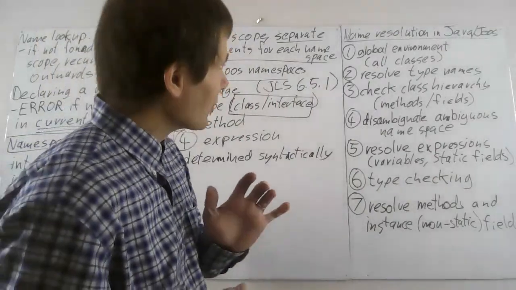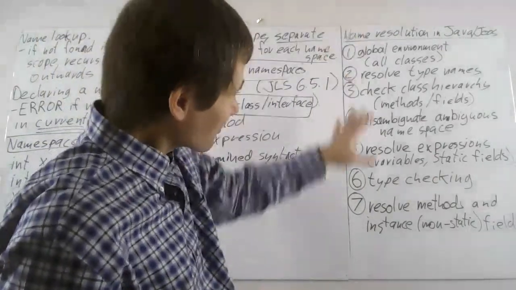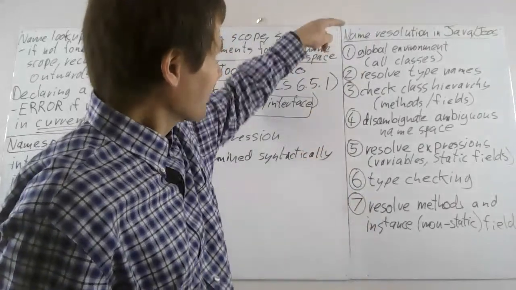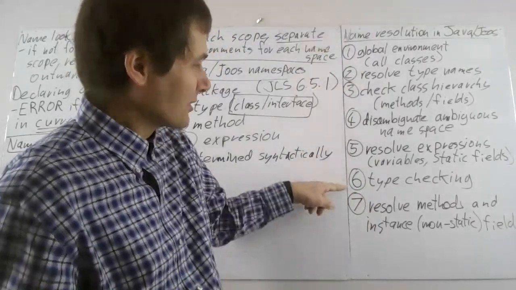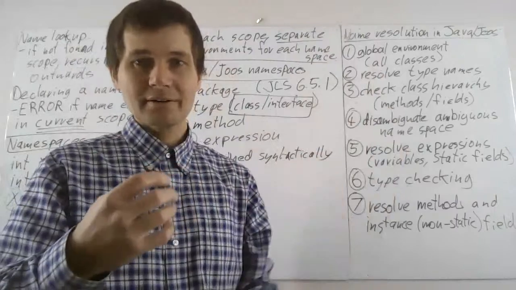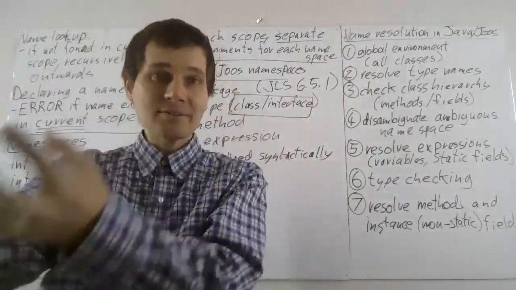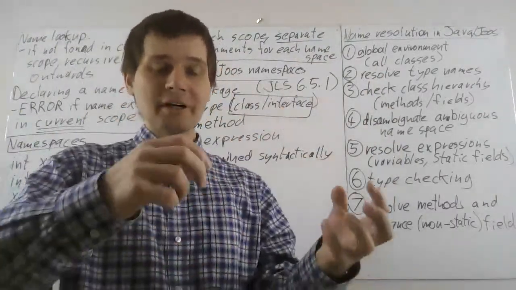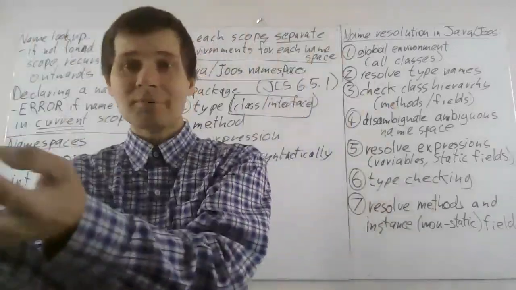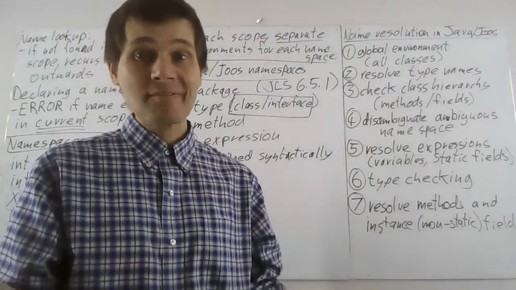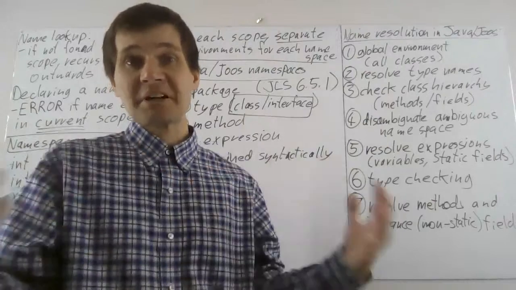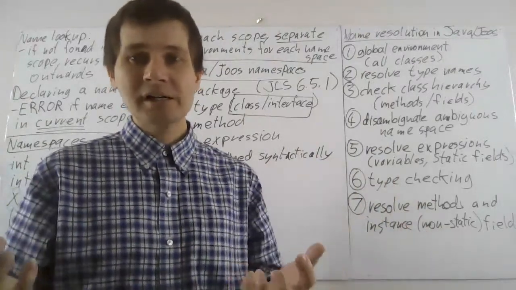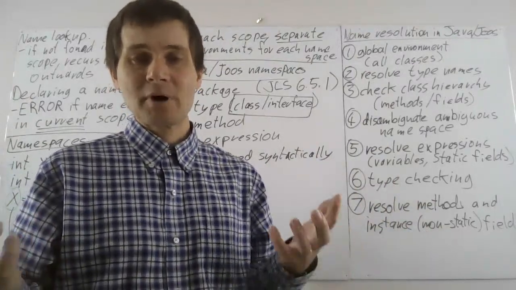The reason for these steps is that name resolution and type checking are interdependent. Type checking depends on name resolution, and name resolution depends on type checking, in Java and in pretty much every other modern programming language as well.